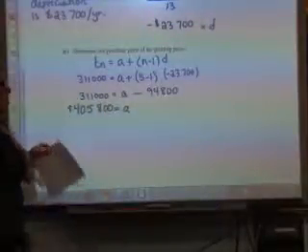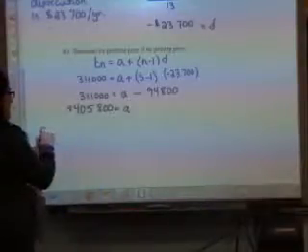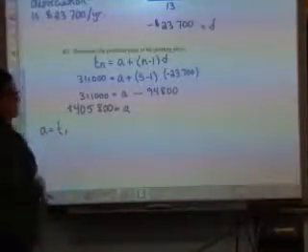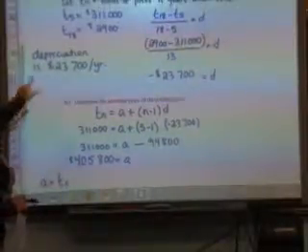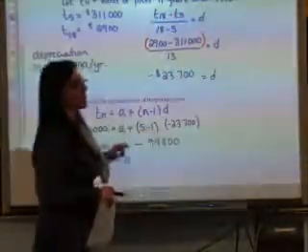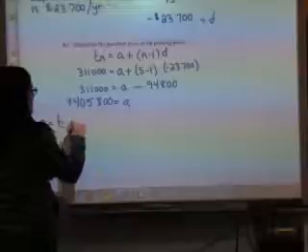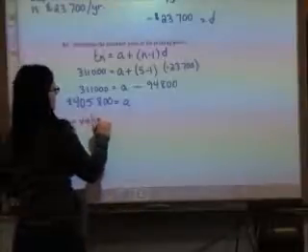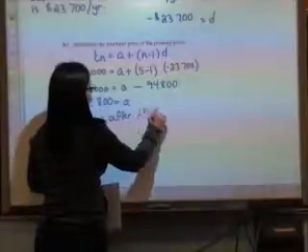Okay. If you remember when we developed the formula yesterday, A is equal to T of 1. T of N is the value of the press N years after 1992, which means T of 1 is the value after the first year.